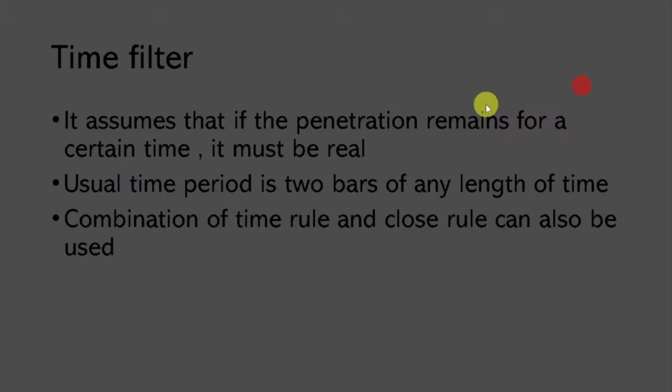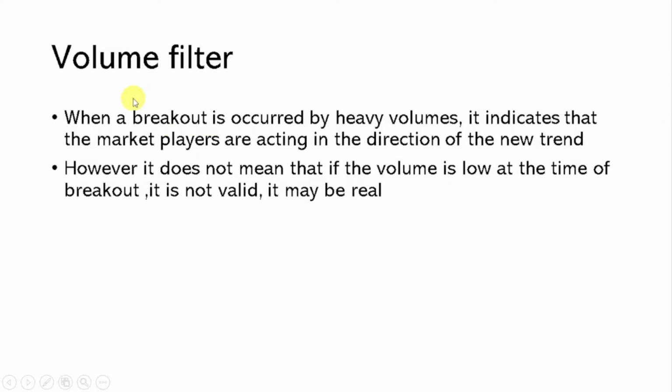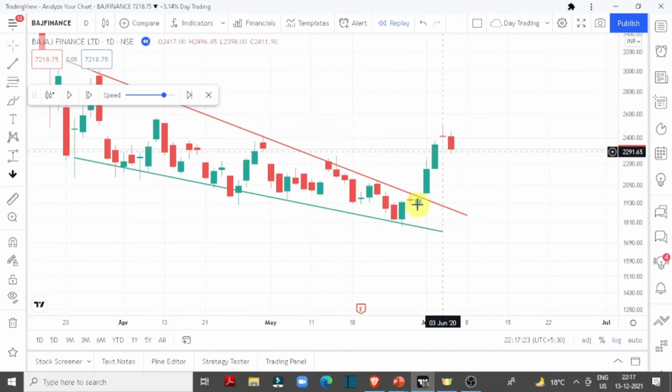Now let's talk about our fourth method, which is the volume filter. In the volume filter, people say that if the volume is high at the level of the breakout, then the breakout which has occurred is very real. If the volume is low at this breakout candle, then it's a fake one, and I should not trade on that.